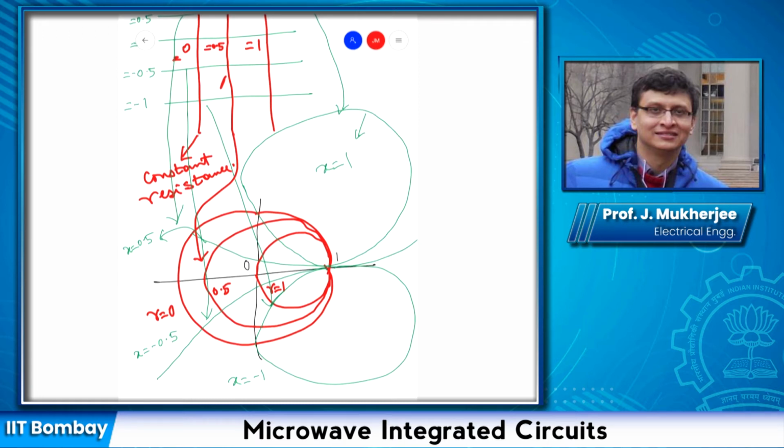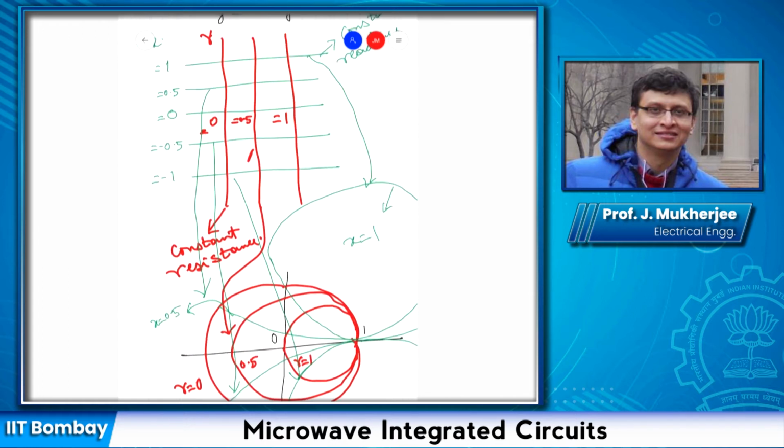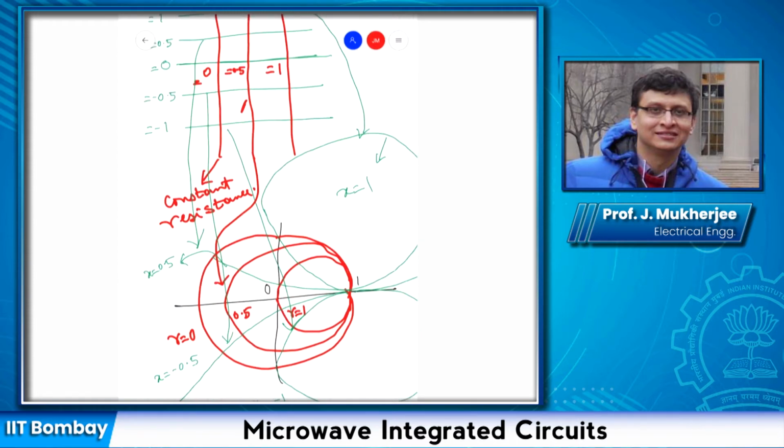So for example, we can have various interesting cases, like what happens to the x-axis. The x-axis, which is basically a constant reactance line, how does this get transformed?